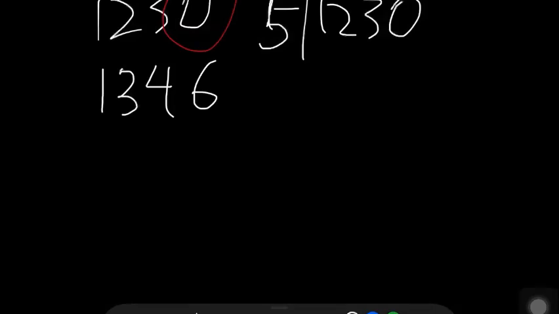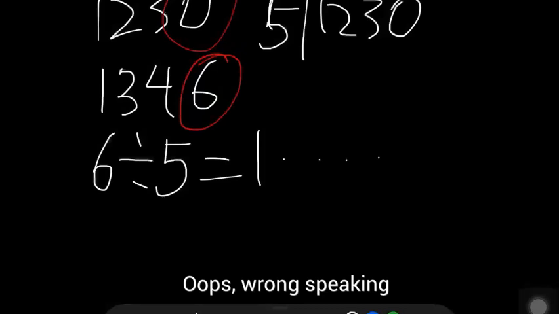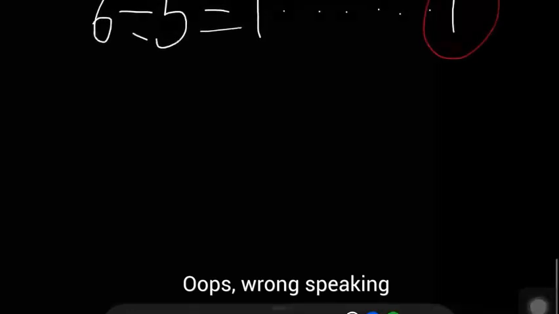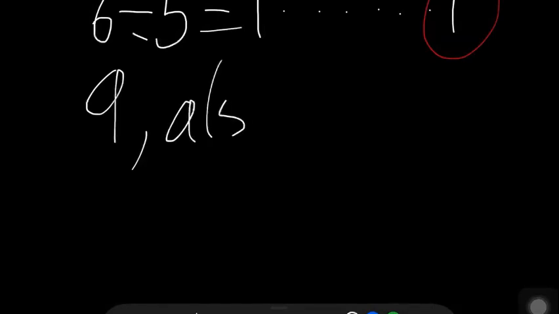For example, let's say 1346. The ones digit is 6, and 6 divided by 5 equals 1 with a remainder of 1. So the remainder of 1346 is 1.